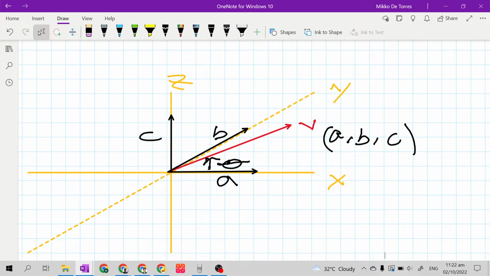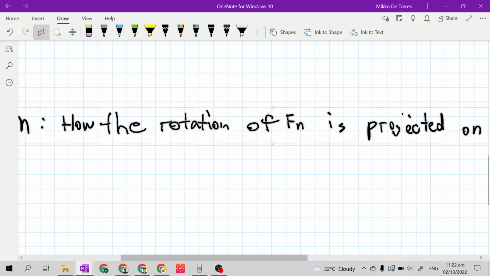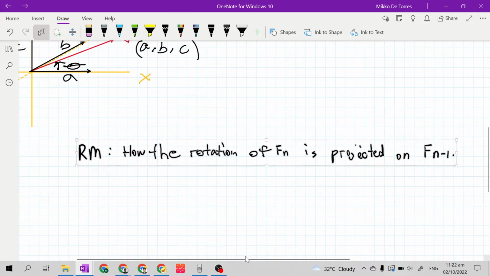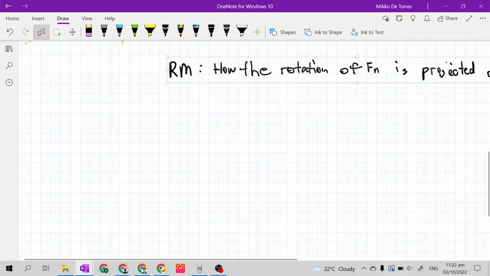So we will derive the mathematical model of rotation orientation, and it is called the rotation matrix. Okay, so rotation matrix. So I will draw these projections at the larger scale, sorry.